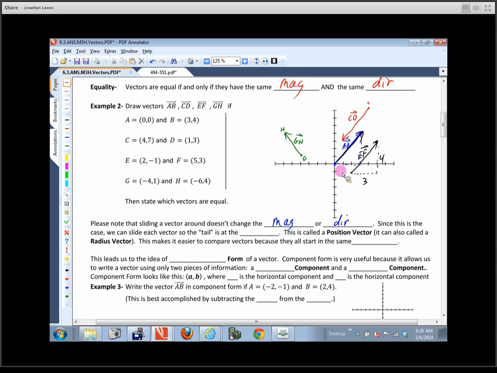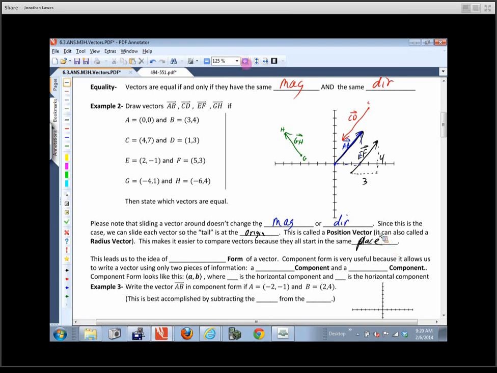What I just did there is made what we call a position vector or a radius vector. And the easiest way to make comparisons is to move each vector so its tail is at the origin. That makes them easier to compare because they all start in the same place. If they start in the same place, then it's going to be easy to tell if they're the same length and if they're pointed the same direction.